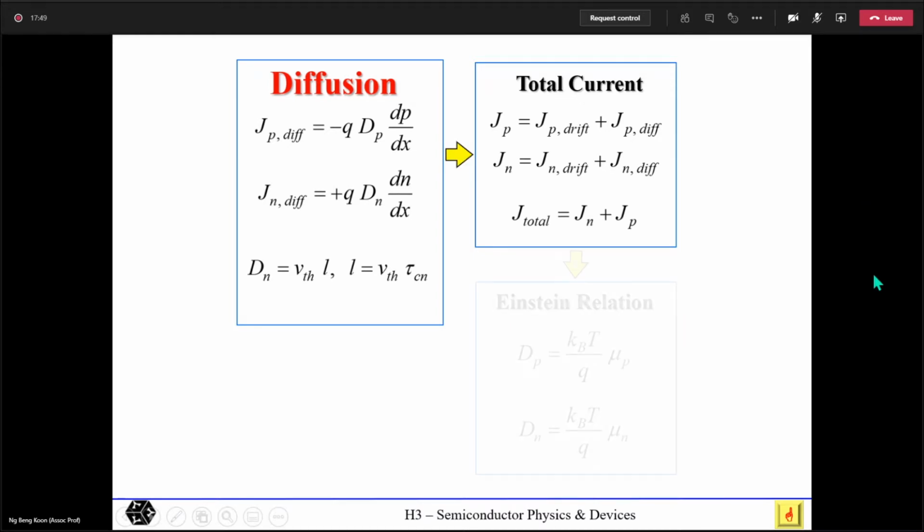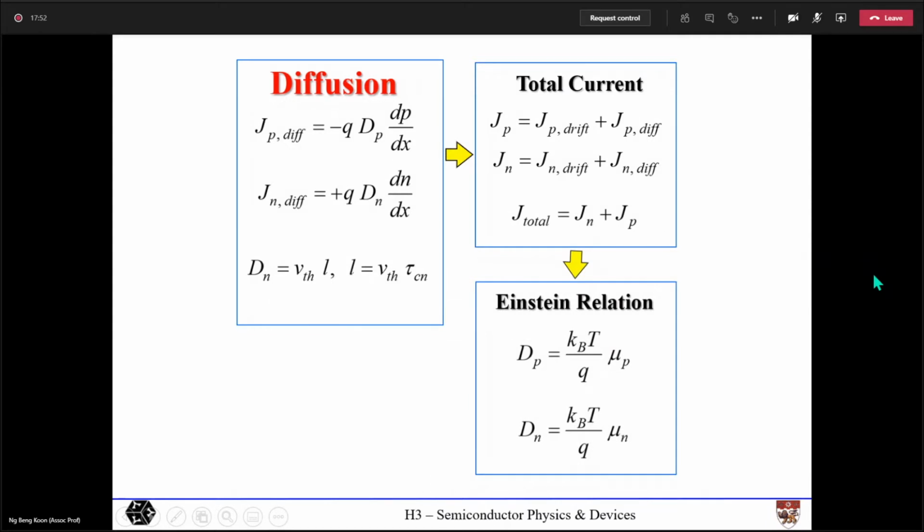Now we also touched on the Einstein relation, which gives us a link between the diffusion and the mobility process, and we see that they're related by this kBT expression here. We explained that the reason for their relation is essentially because the drift and diffusion processes are limited by scattering in the semiconductor.